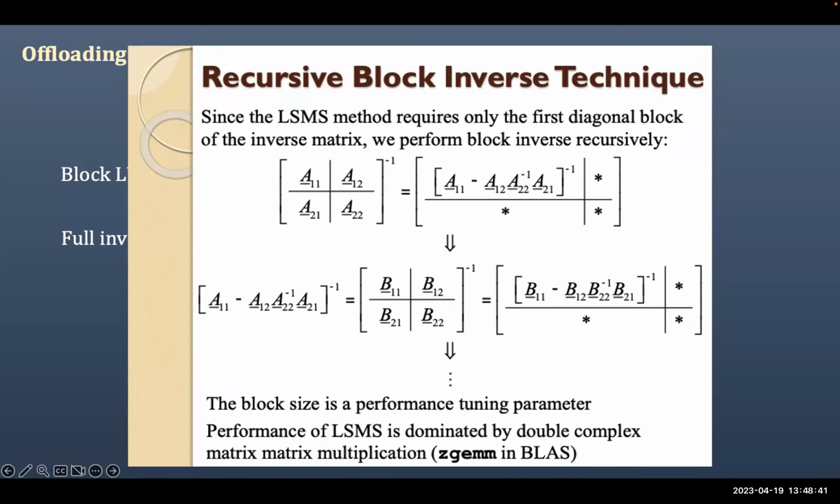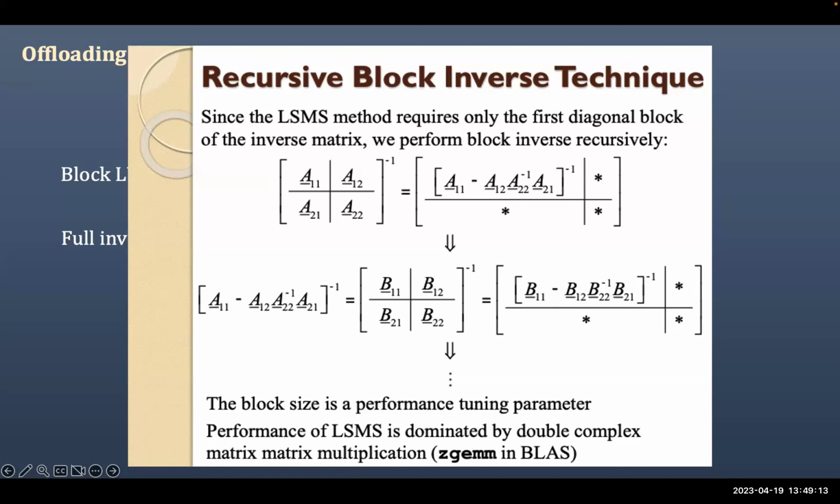The thing is, we are only interested in the inverse of the final upper left corner block of the inverted matrix. So in principle, we don't need to invert the entire matrix. The technique here is we start by dividing the matrix into 4 blocks, where A22 is a smaller block. We keep going recursively towards the upper left.